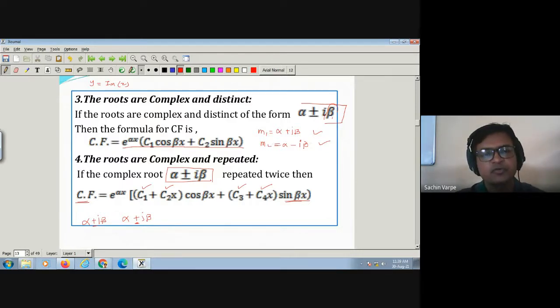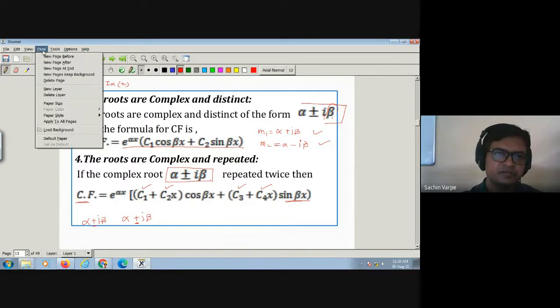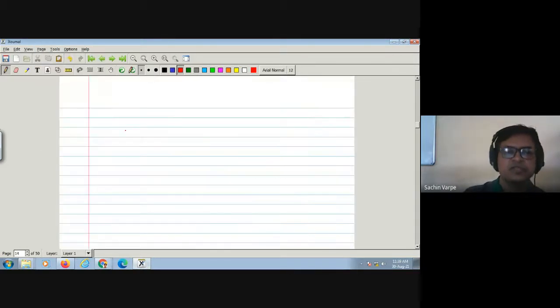Based on the nature of the roots, we have 4 formulas of the complementary function. Let me recall those 4 formulas again. See here, if M1, M2 and so on, Mn are real and distinct roots, that means non-repeated, then what is the formula?